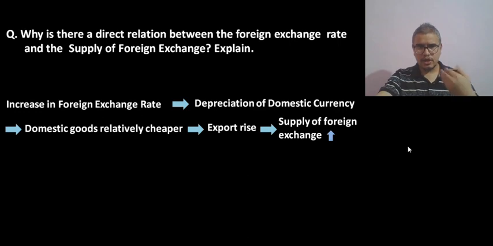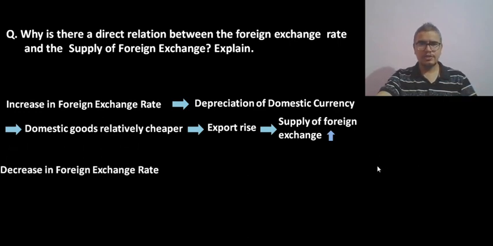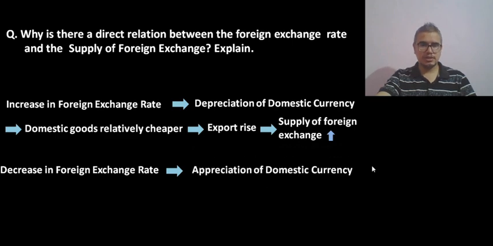Now let's take the opposite case, that is, when there is a decrease in the foreign exchange rate. From our previous discussion we know that there will be appreciation of domestic currency. When there is appreciation of domestic currency, the domestic goods start becoming relatively expensive to the foreigners.